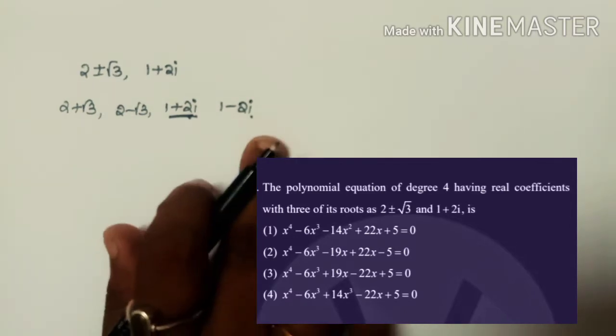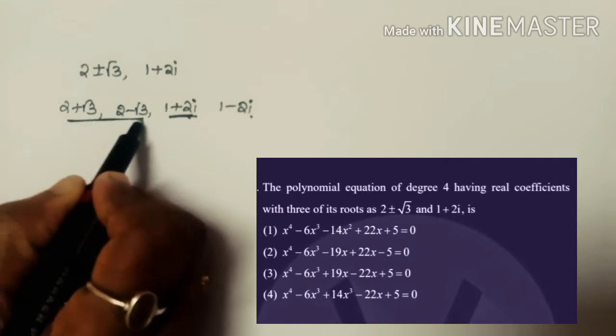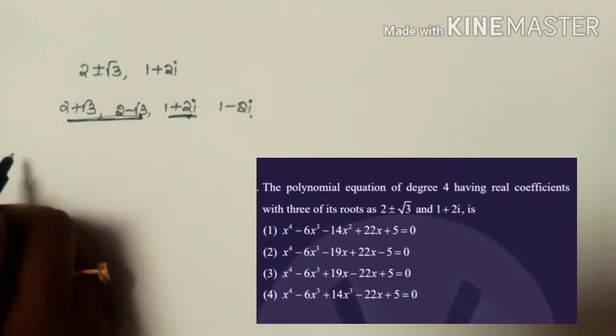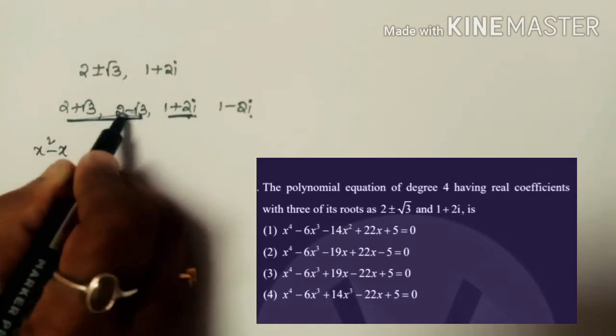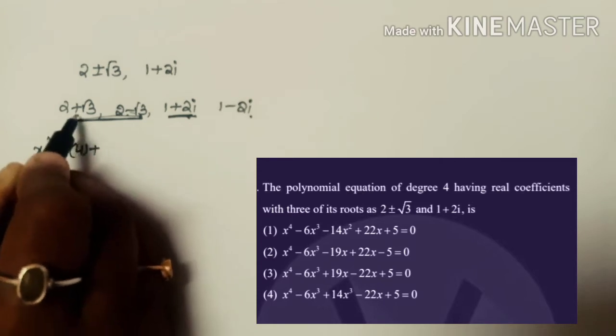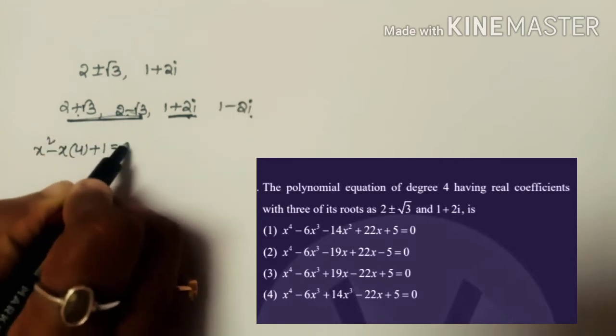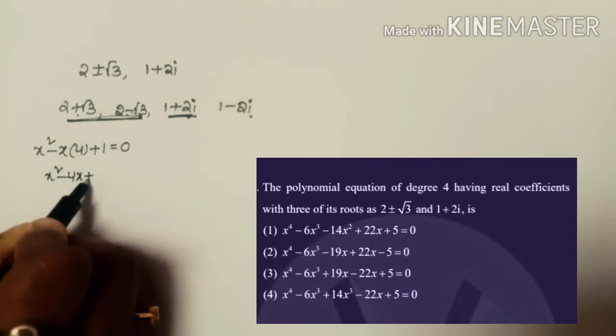Now we want to find the polynomial equation. So first we are forming the quadratic equation by taking the first 2 roots, that is the equation is x square minus x into (alpha plus beta), 2 plus root 3 plus 2 minus root 3, that is 4, plus alpha into beta, 4 minus 3, that is 1, equal to 0. So the first equation is x square minus 4x plus 1.